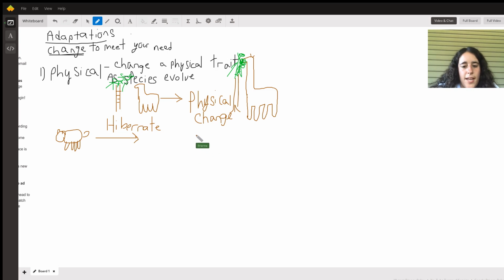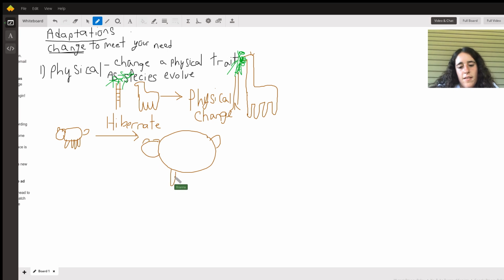What I should do to hibernate is I should get big and fat. Being big and fat lets the bear store energy. With that stored energy, the bear can use that throughout the whole winter. So it made a physical change. The physical change was getting fatter.